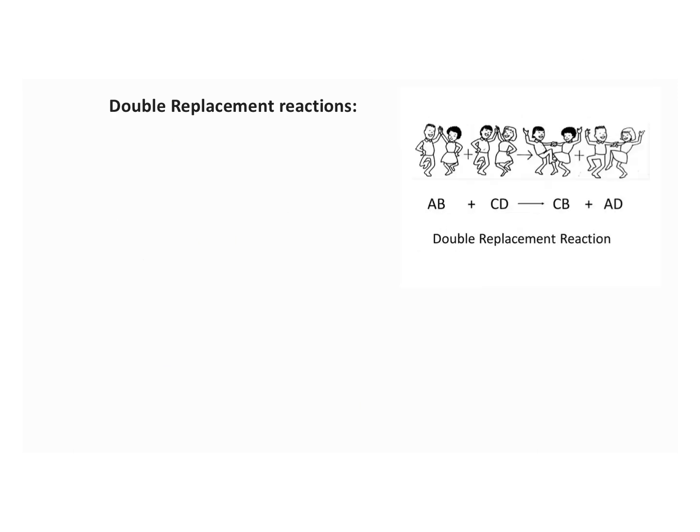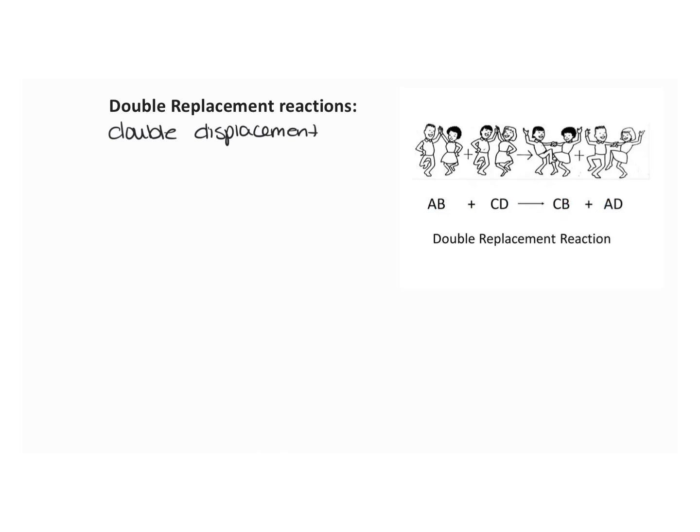Now, you can also have double displacement or replacement reactions. And I kind of view this as like a square dance, right? Where you have two partners here and two partners here and the partners change. And so now you have a different pairing here. We can see this with letters.